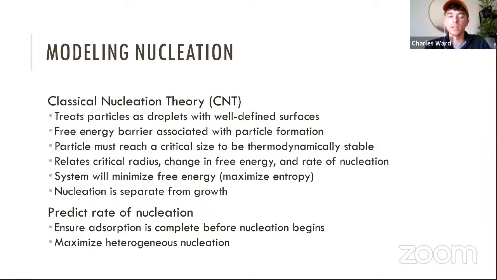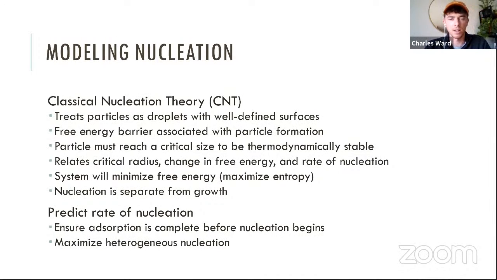I used it to relate the critical radius, change in free energy, to the rate of nucleation. I'm interested in how fast this process is happening, when it's happening. This theory also states the system will work to minimize its free energy and that nucleation is separate from growth.